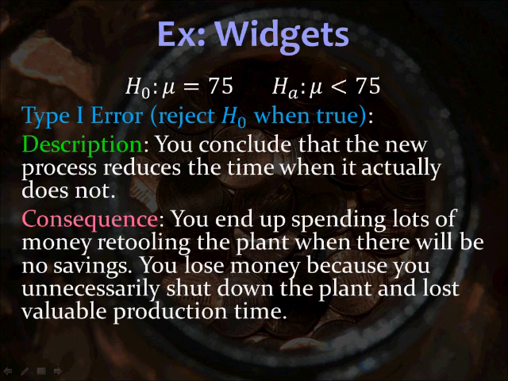The consequence, you end up spending lots of money retooling the plant when there will be no savings. Because you've concluded, let's retool the plant because we're producing widgets faster, when in actuality, you're not. So you lose money because you unnecessarily shut down the plant and you lose valuable production time. So a couple things could happen there, real-life consequences. You shut down the plant to retool the machines, when in actuality, there was no difference between your original method of production and your new method of production.